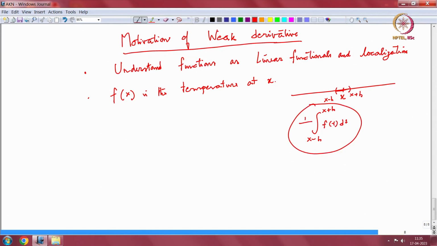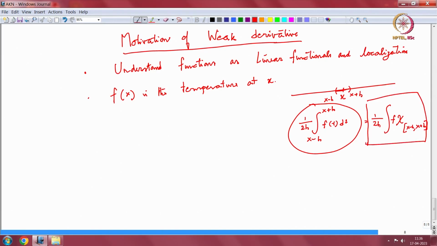Probably with the average, if you want to calculate, you put 2h. So, this is nothing but 1 over 2h integral of f times the characteristic function of x minus h, x plus h. Okay. And so, these are the quantities you have to work with.